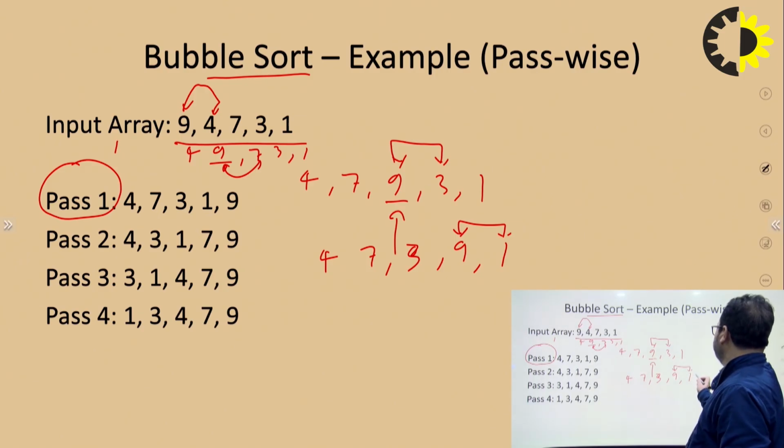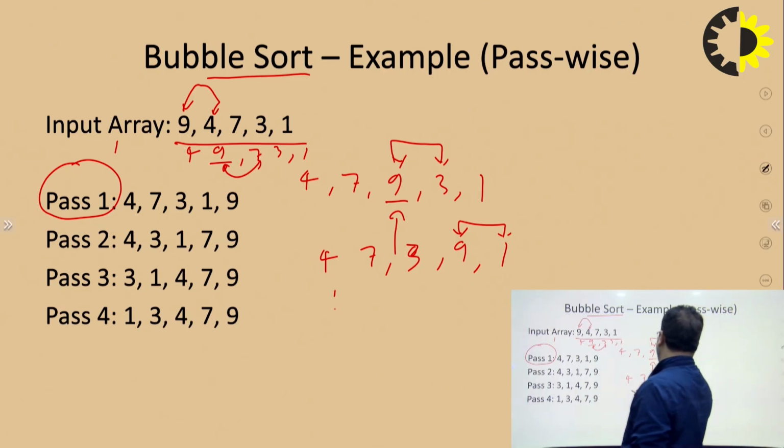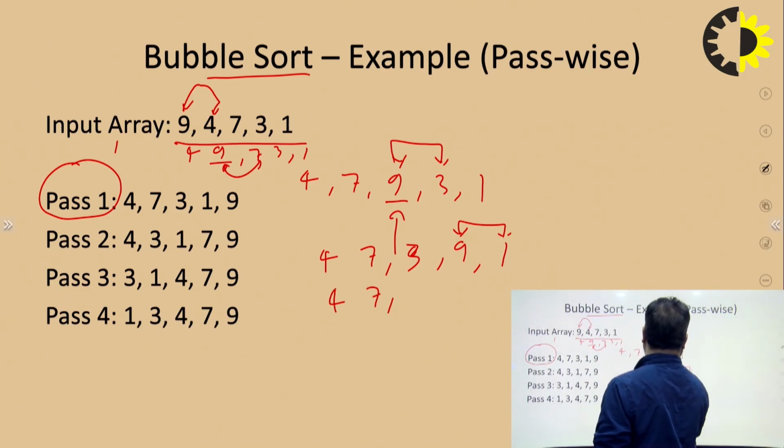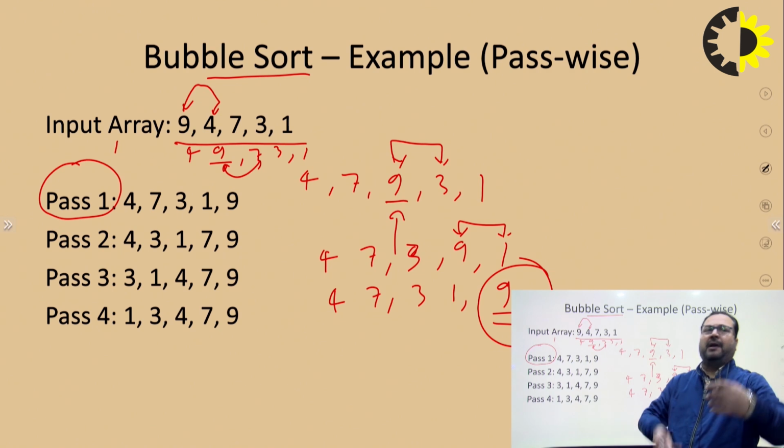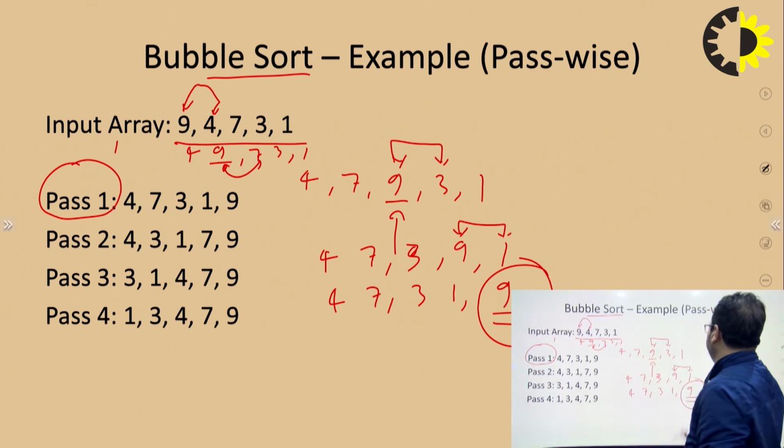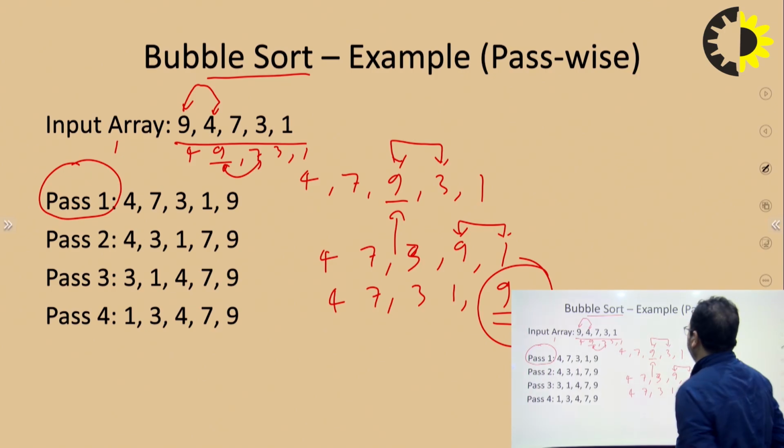Here 1 is smaller than 9, so we make a swap: 4, 7, 3, 1 and 9. Just like a bubble comes up, the maximum element comes to its last position. Thus pass 1 is completed.